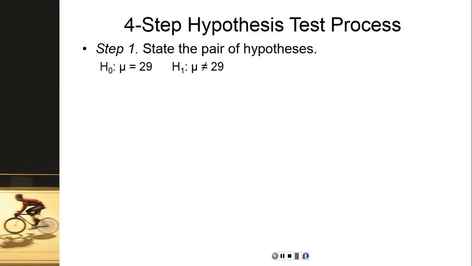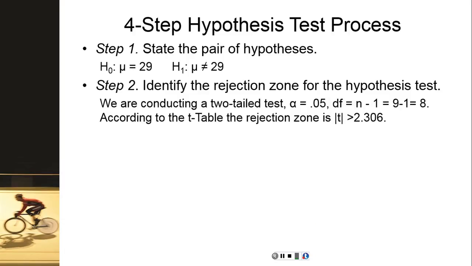Step number 1, state the pair of hypotheses. Are they telling the truth, or are they not telling the truth? So H0 would be mu equals 29. H1 would be mu not equal to 29.